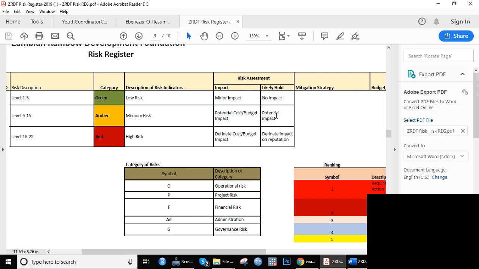But if you had a risk that it's likely to occur in your shop, maybe if you have eggs that you sell in your shop, it's likely to occur that the eggs can go bad. Okay, so now the impact of the eggs going bad could actually be something that can potentially affect you, but it won't affect your reputation, or it won't really have such a bad significant impact.